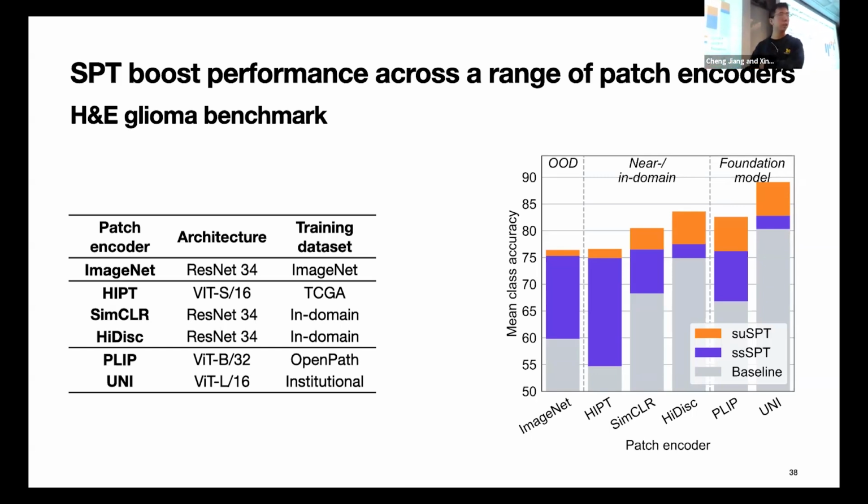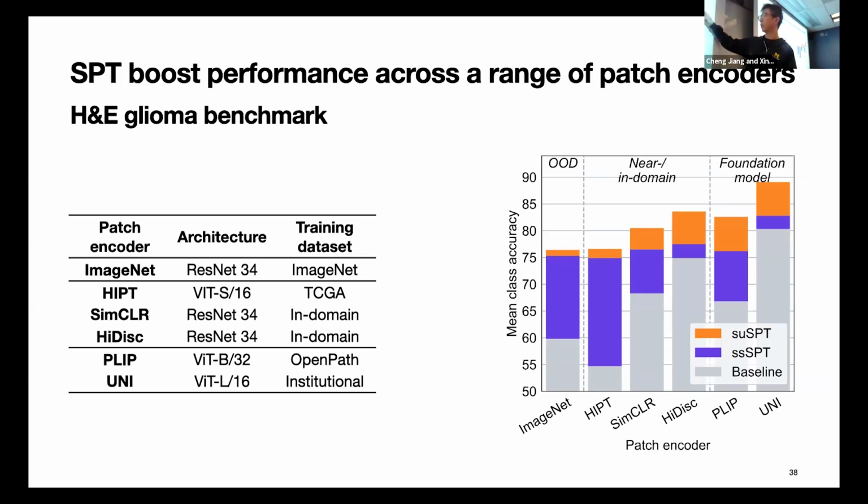And for these foundation patch encoders, they show extraordinary generalizability on all different tumor types, you can find online around 30 tumor types. They are generally okay, not the best, but it's usually easier to train on some data by yourself.